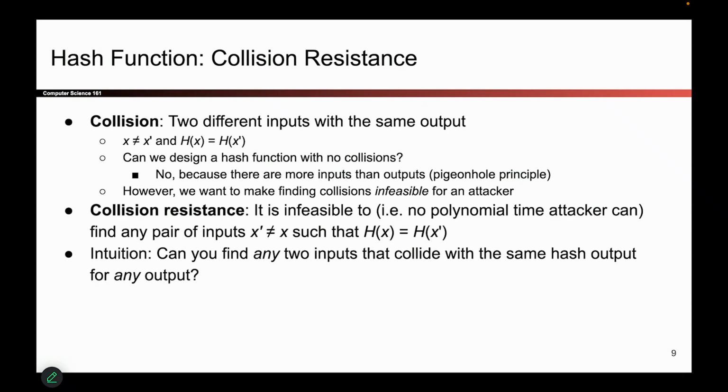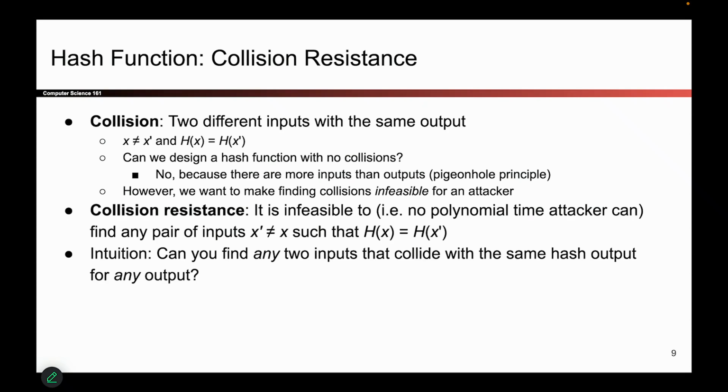In the one-way challenge, I hashed something, and I gave you an output that you had to match. In the collision resistance challenge, there is no matching involved. All that happens is I tell you, your challenge is to find any two inputs that have the same output. That's all that I care about. If you can find two inputs that hash to the same output, you win, and the scheme is not collision resistant.